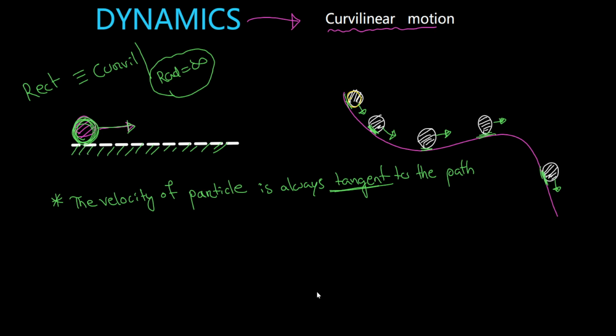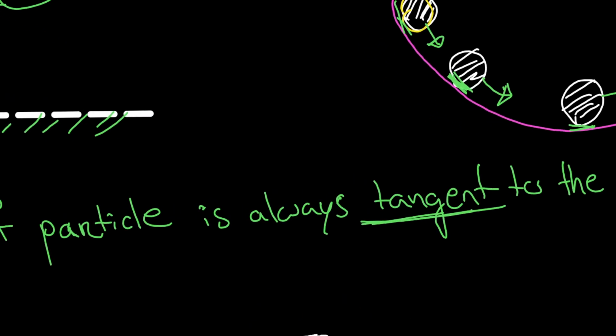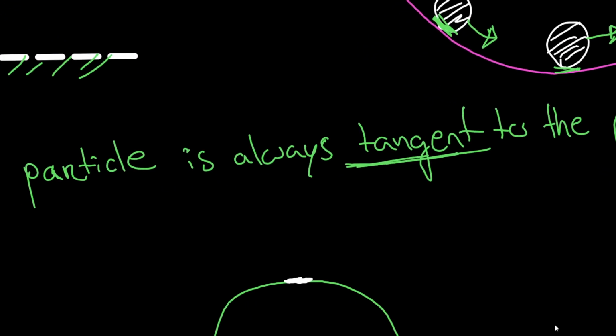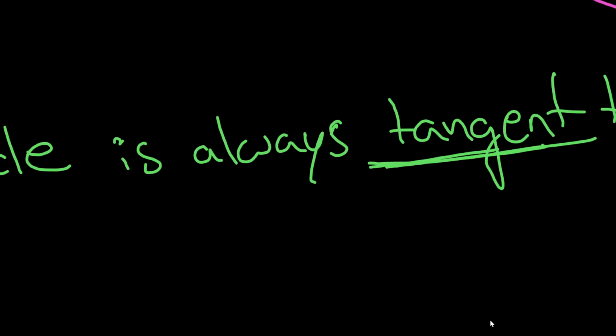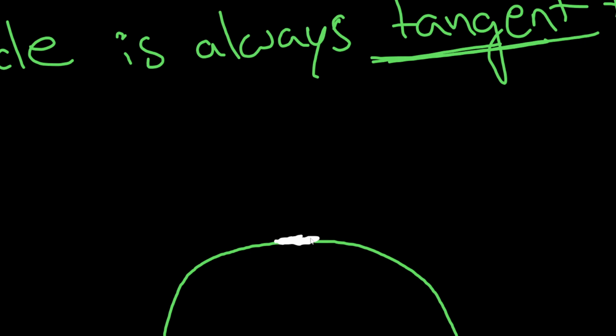If I draw a circle like this, and consider just this portion, and if I zoom into this portion, as you can see, this is nothing but a straight line.